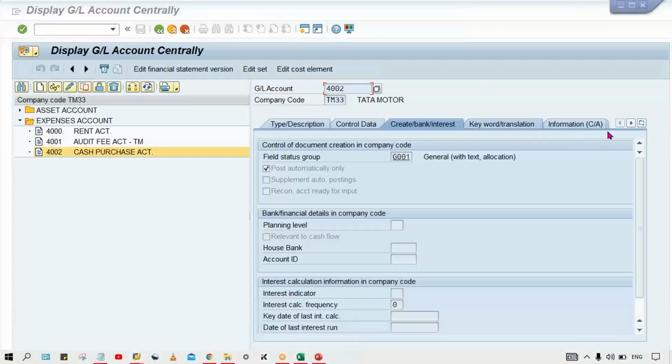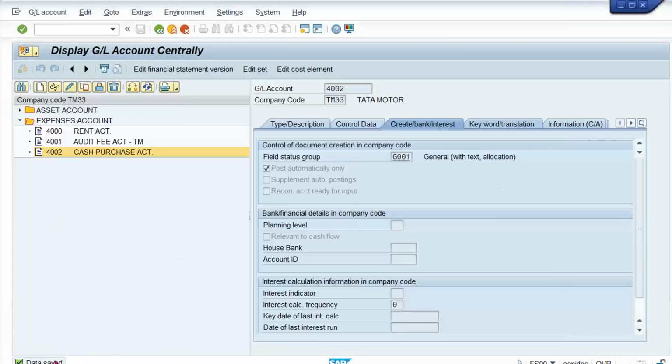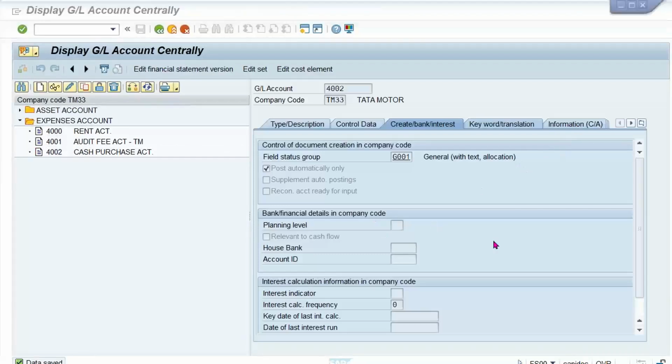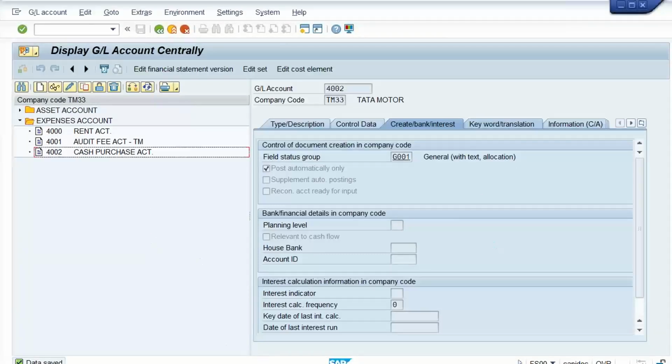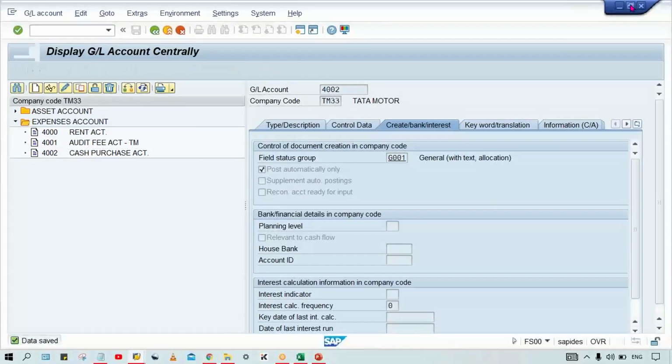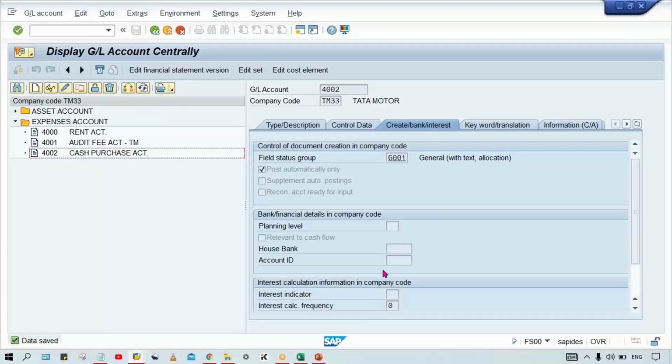Can anybody explain? Is there anyone who has an idea? We can't post it in FB50 or F-02.